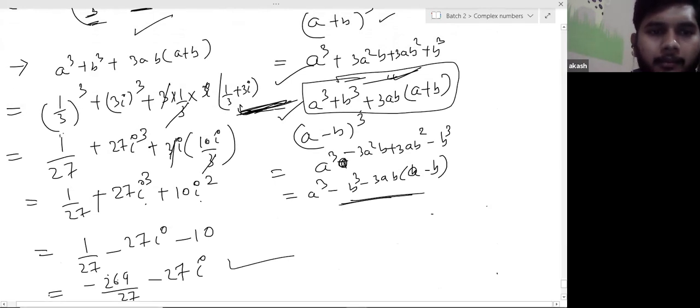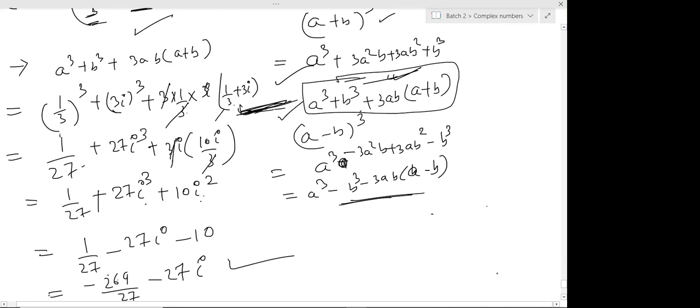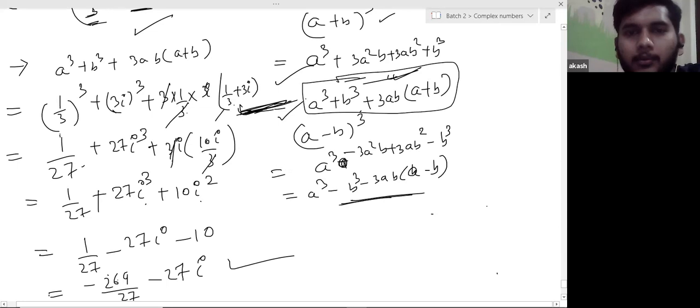Okay, this is this, this is this. To a plus b, 3i. 10i. How can you add, sir, 1 by 3 plus 3i? You cannot add because they're different terms. You added 1 by 3 plus 3i. You cannot add it. Oh, I'm sorry.